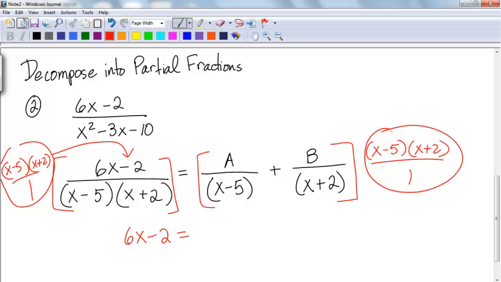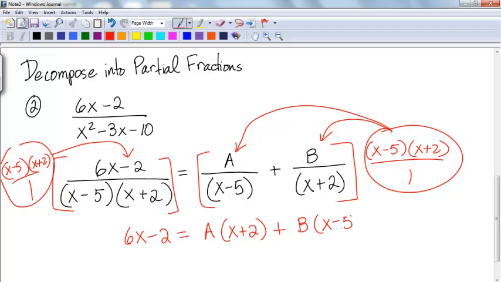Take that whole thing times the first fraction. What divides out? The x minus 5s. And what's left is A times the quantity x plus 2. Take that whole thing times this fraction. The x plus 2's would divide out. And what's left is B times x minus 5. Okay? And we've simplified it because we got rid of the denominator.